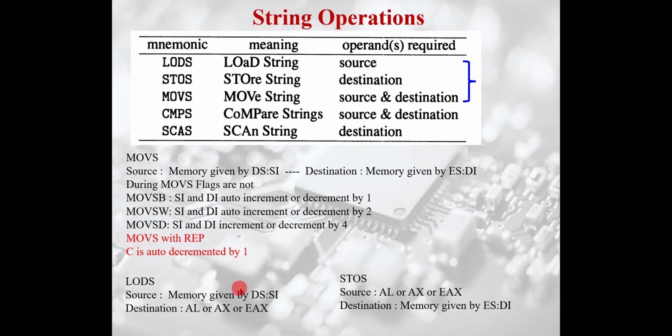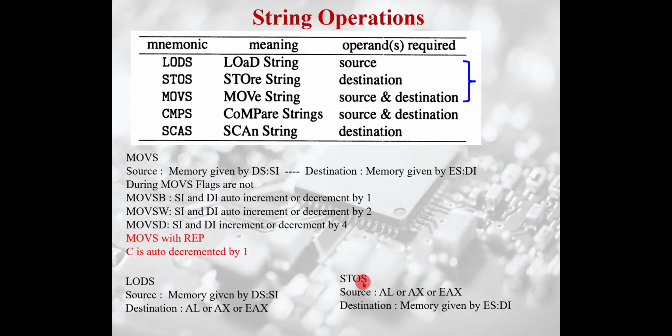Another two variations of the string operations which we saw were LODS and STOS. In the LODS, the source memory is given by DS:SI, whereas the destination is only AL, that is the accumulator: AL, AX or EAX. Here in LODS, we need to write AL, AX or like that, because AL or AX will tell the microprocessor that we need to bring a byte or a word. So that needs to be specified.